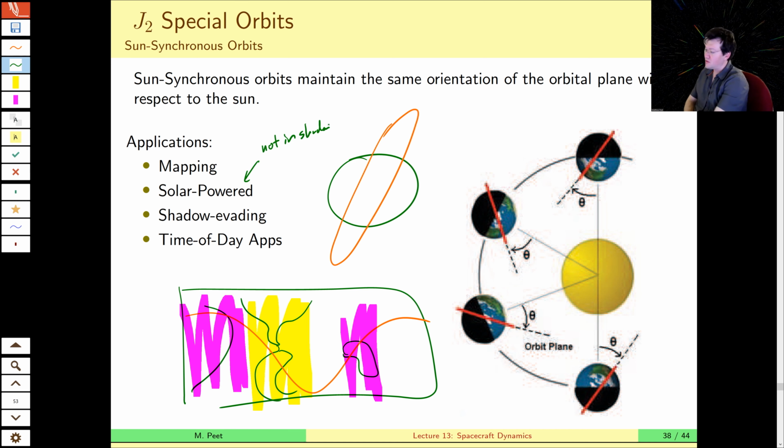There's shadow evading. There are other reasons not to be in the shadow of the Earth. The primary one is temperature. There's no better way to break a satellite than massive changes in temperature. Temperature changes cause expansion and contraction of physical components.